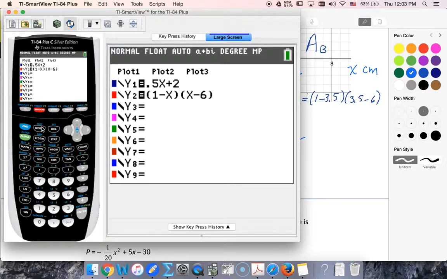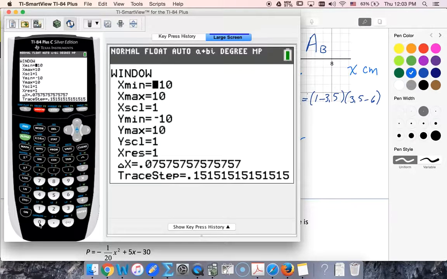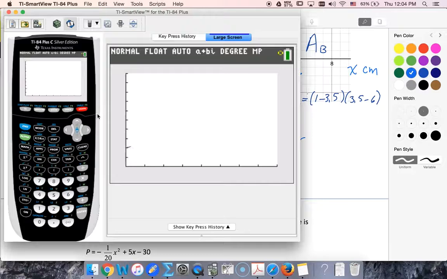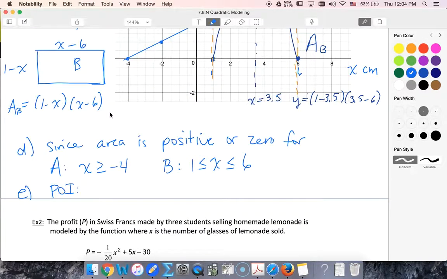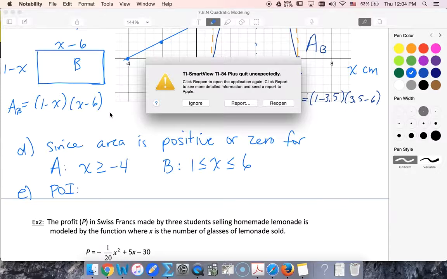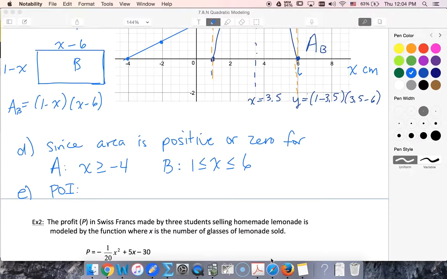And we know our window, we're looking really at this area from 0, let's go up to 8, and we could say our max goes from 0 up to 10. So if I look at this graph, there's my line. Oh, or not. All right, so you know how to do that with your calculator.